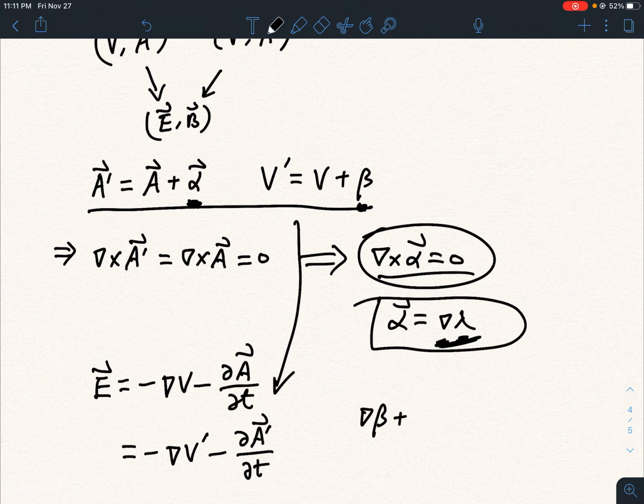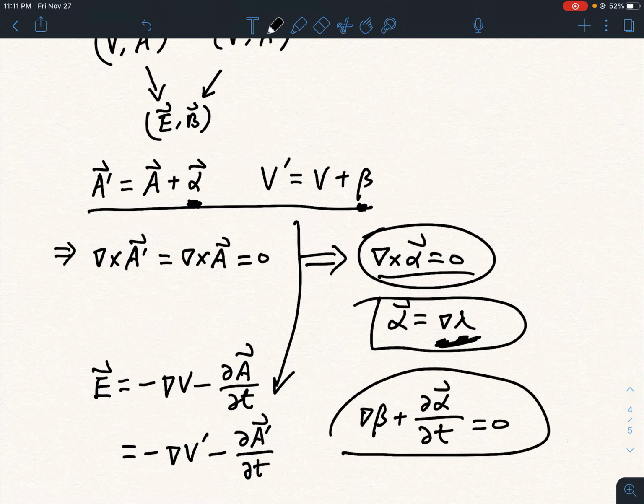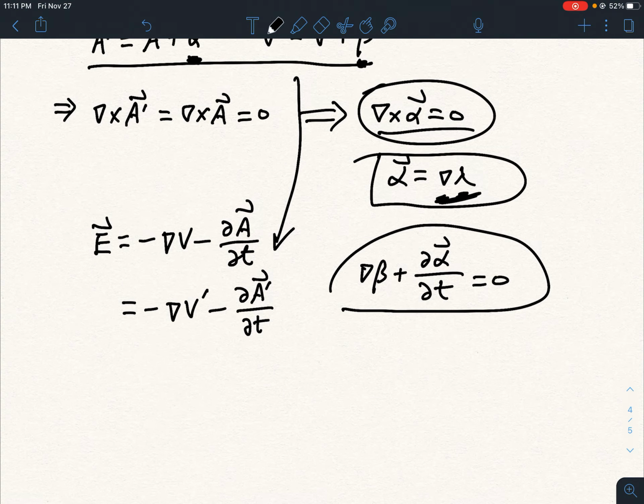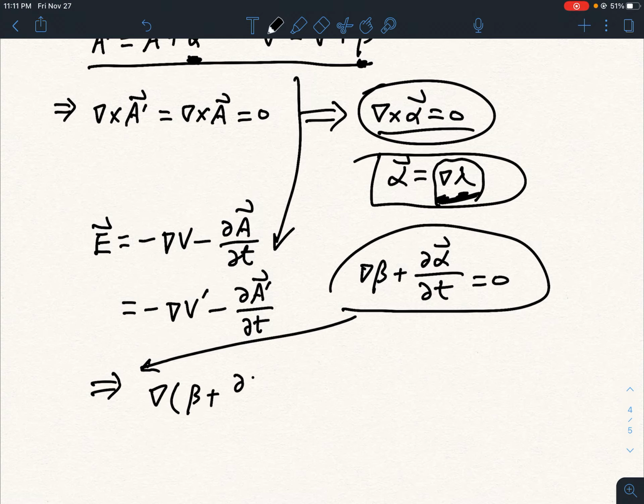And you will find that you cannot randomly choose alpha and beta. It has to satisfy this condition. Because alpha really becomes the gradient of function lambda, then we will find that this really means beta plus partial lambda over partial t equals 0.